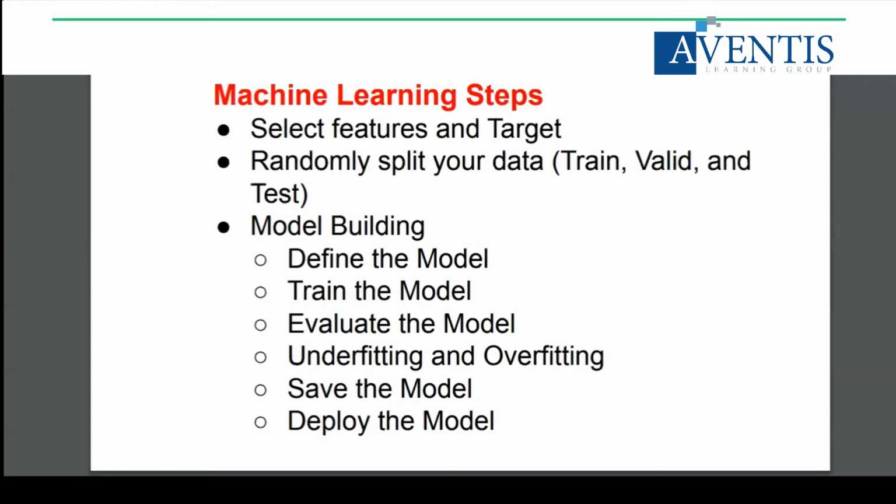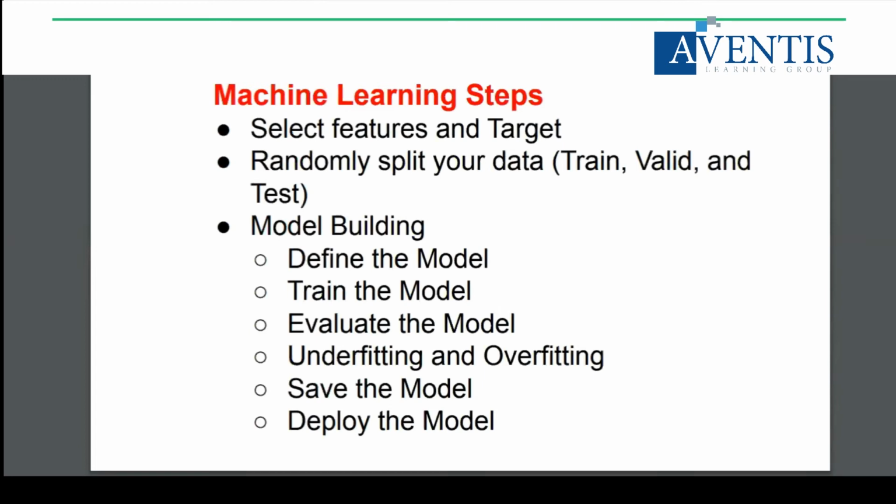But say if your model predicts nearly 100% with respect to training data, but is not that good with respect to unknown data, then your model is an overfitting model. If it's the opposite, like the model prediction is not that good with respect to training, but it's good with respect to unknown data, then it's an underfitting model. So those are the different things we need to check.